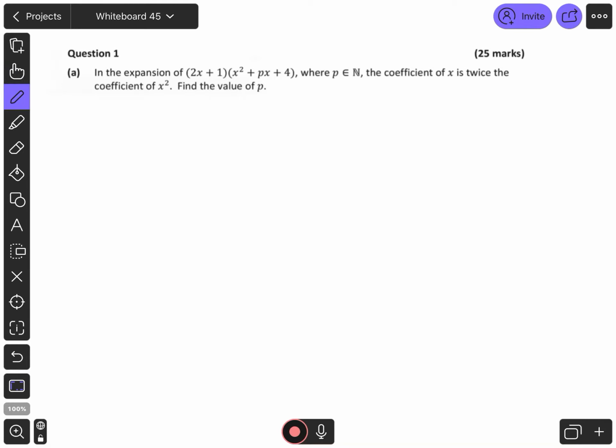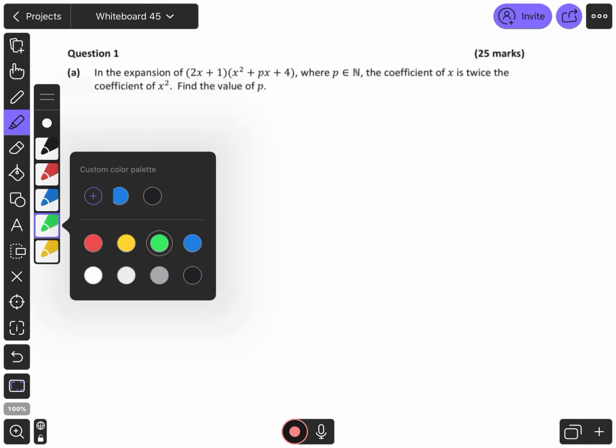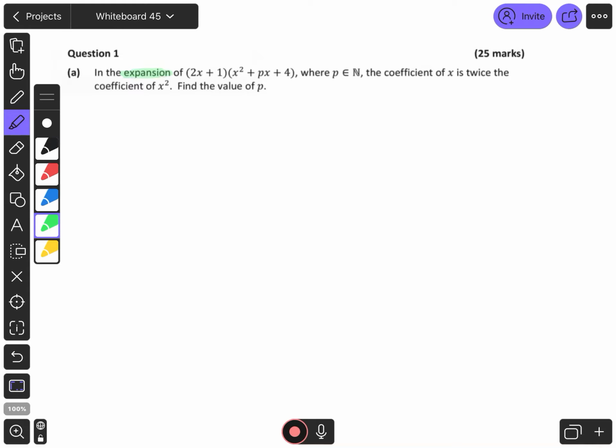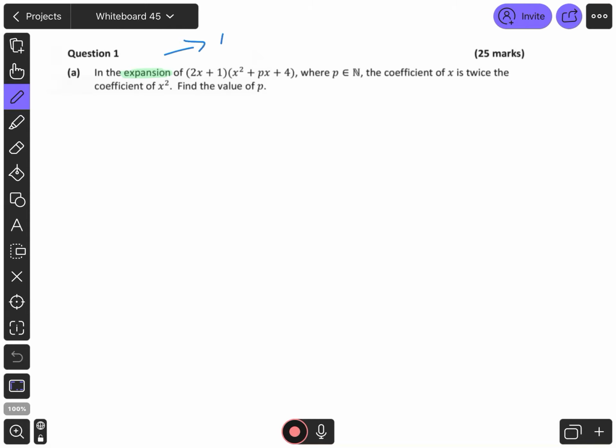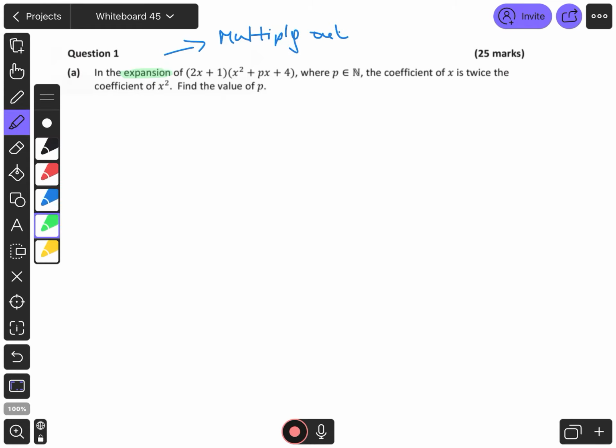Let's go through the wording of it just for a minute before we start. So first thing is the word expansion. If I'm looking at that word expansion, all that means is multiplying out. So multiply out. The next thing then is I have my two brackets sitting there.